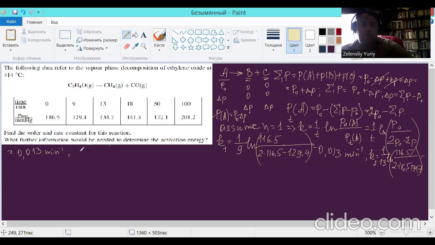Now let's continue computing the values of k for the other experiments. Now we are going to do this for k sub 3. In this case, it's 1 out of 18 times the natural logarithm of 116.5 in the numerator and denominator, double that value, minus 618, 141.3.